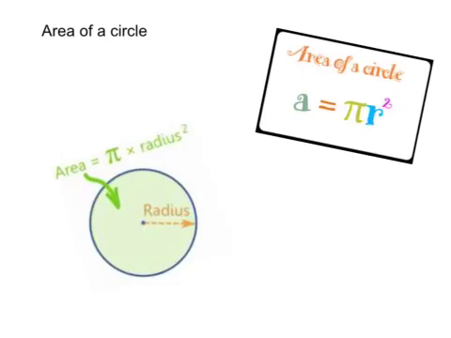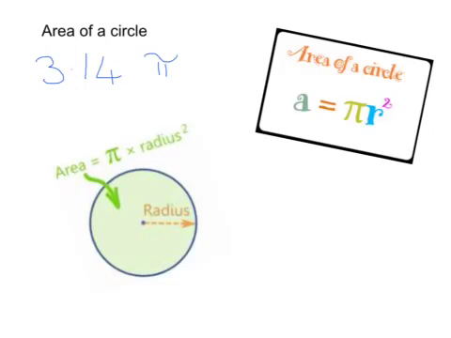Now, if you've got a scientific calculator, there will be a pi sign on it. But if you haven't, you need to use 3.14 as pi. So, remembering BIDMAS again, it's really important that you do the radius squared first and then times it by pi, because it's not pi times radius and then square the whole thing.